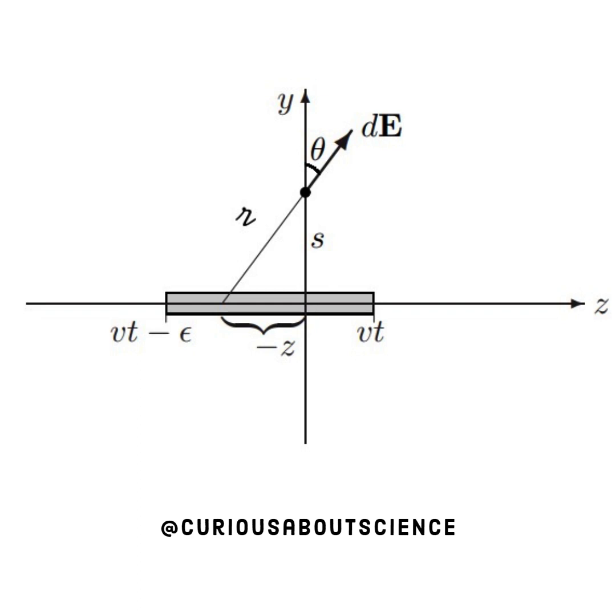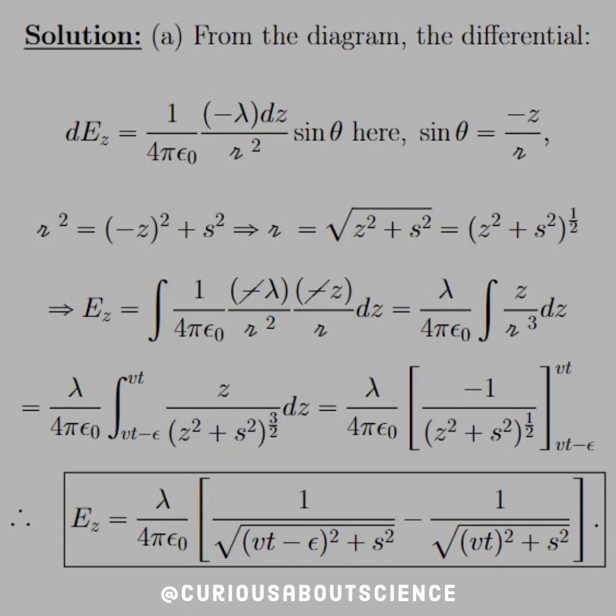And clearly the point that we're taking from at negative z, the separation vector script r, will pass through the y-axis, and then we see that the differential field there, dE, is formed at some angle theta to the y-axis.